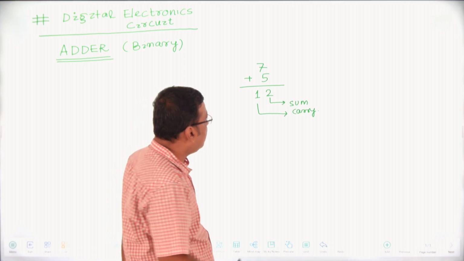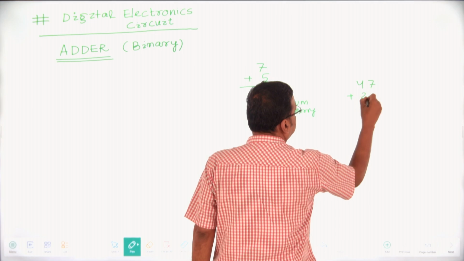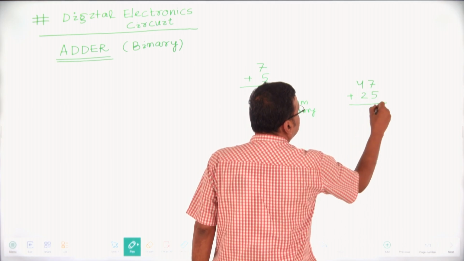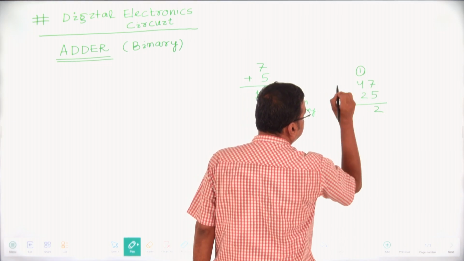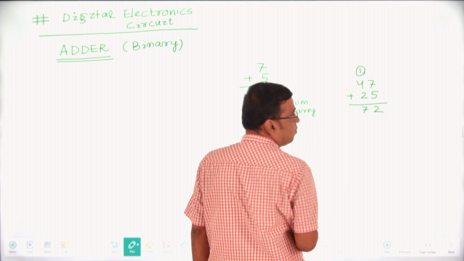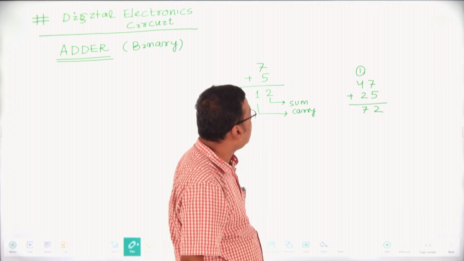If you add 2 numbers, suppose 47 plus 25, then 7 plus 5 is 12, carry 1. Here 4 plus 2 is 6, plus 1 is 7, so the result is 72, and this is your sum.